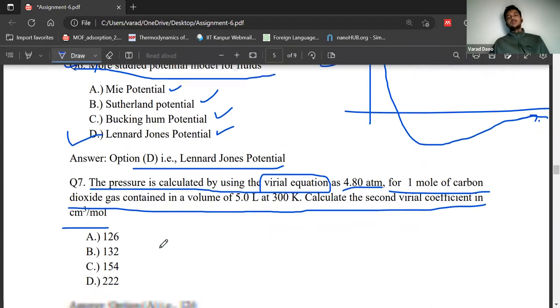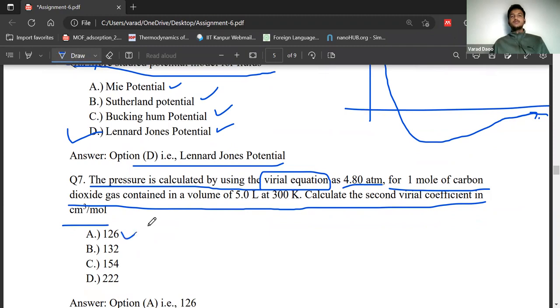So anybody got any answers? The correct answer is option A, 126.